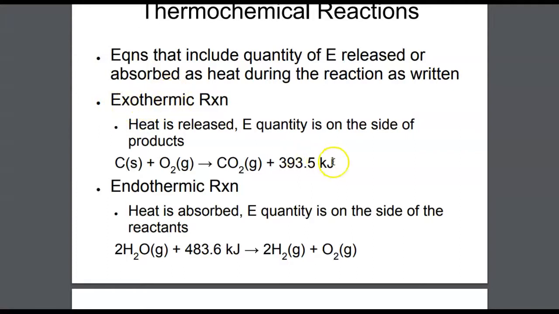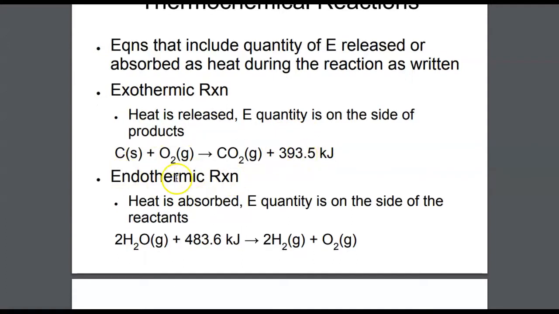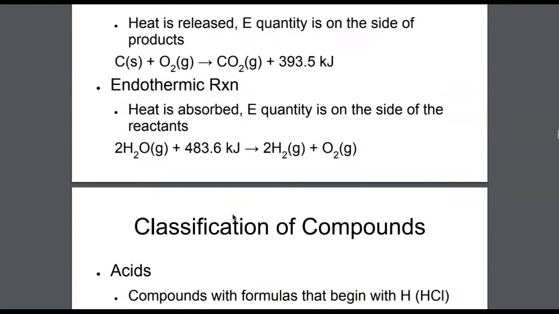That means energy is going to be a product. Then we have endothermic reactions, endo, inside, therm, heat. So that means heat is going into the reaction. RXN is short for reaction. So that means that heat is absorbed. The energy quantity would be on the left-hand side. It would be on the reactant side.